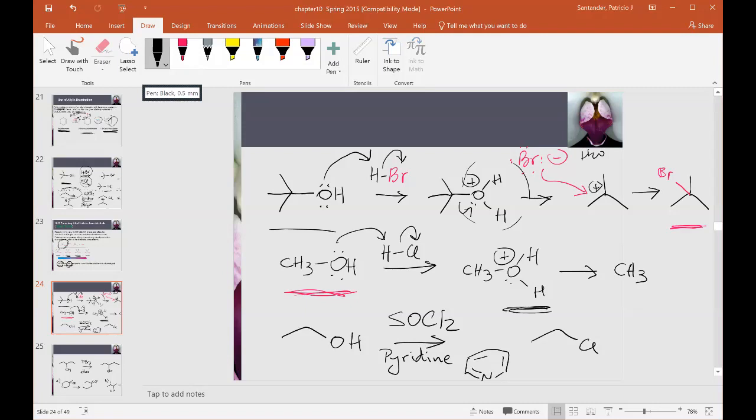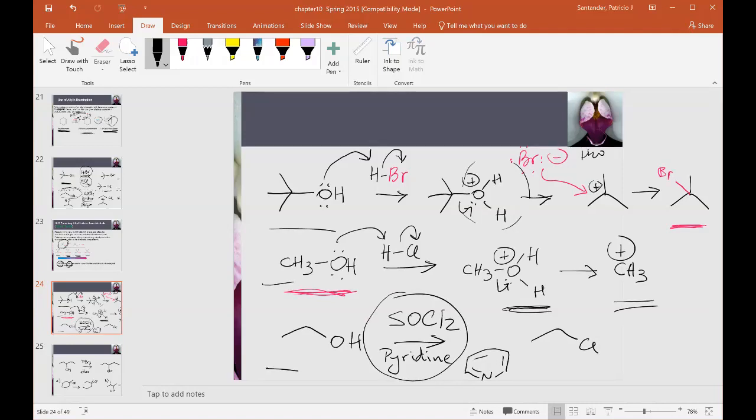But then when the water molecule tries to leave, I will have to form a methyl carbocation. And you know that methyl carbocations are not that stable, right? So that is the reason why instead of using HCl for a primary or for a secondary alcohol, we prefer to use thionyl chloride and pyridine.